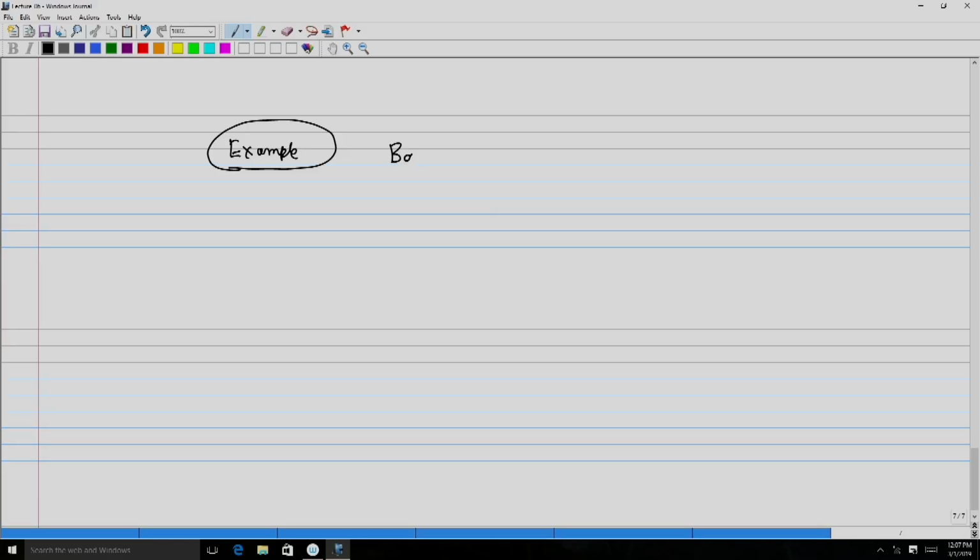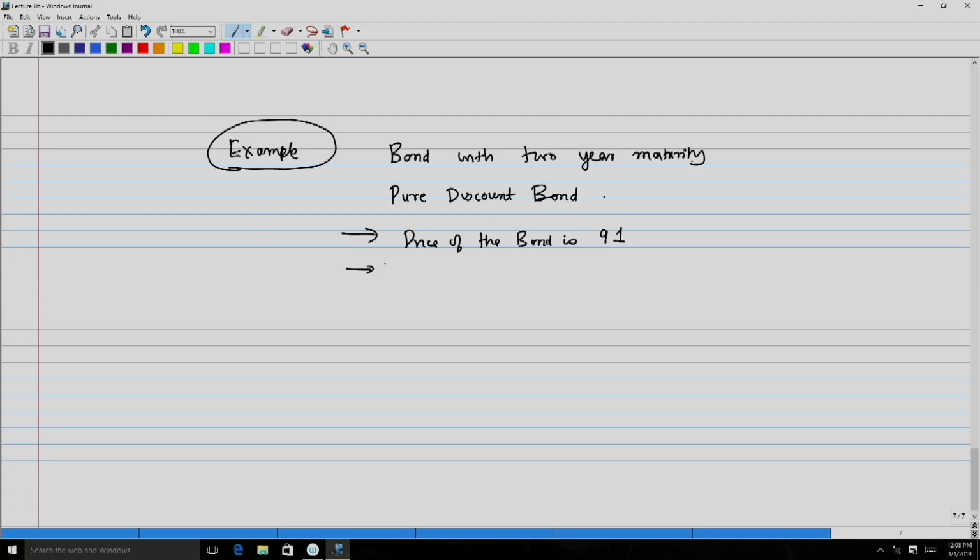So, now we consider a bond with 2-year maturity, and as previously this bond being considered is going to be a pure discount bond, and the characteristics of this are that the price of the bond is 91 and the nominal of the bond is 100.